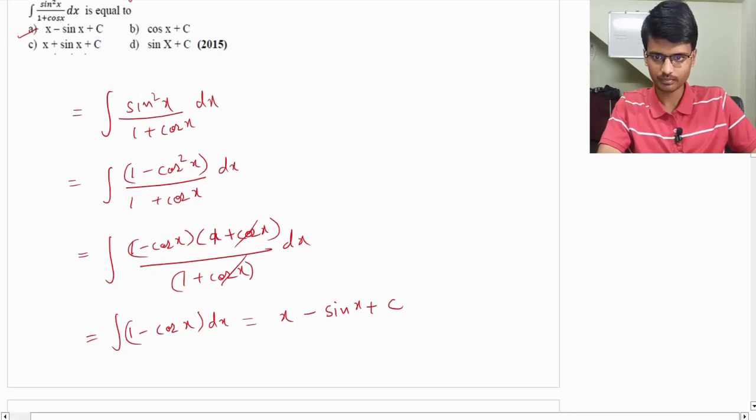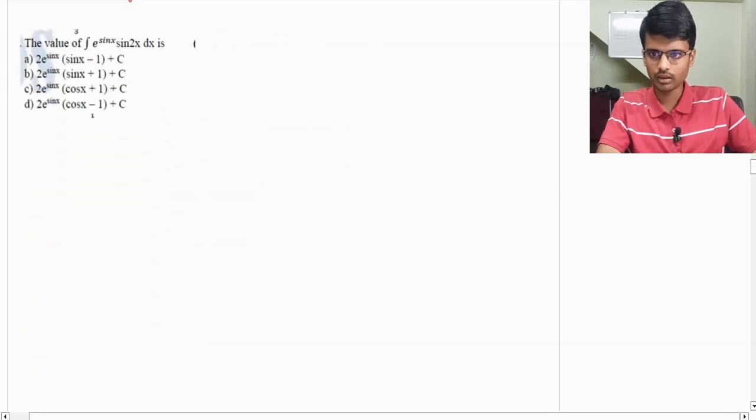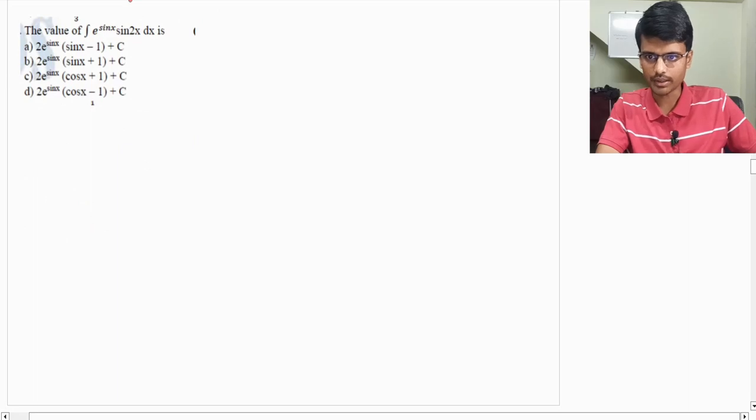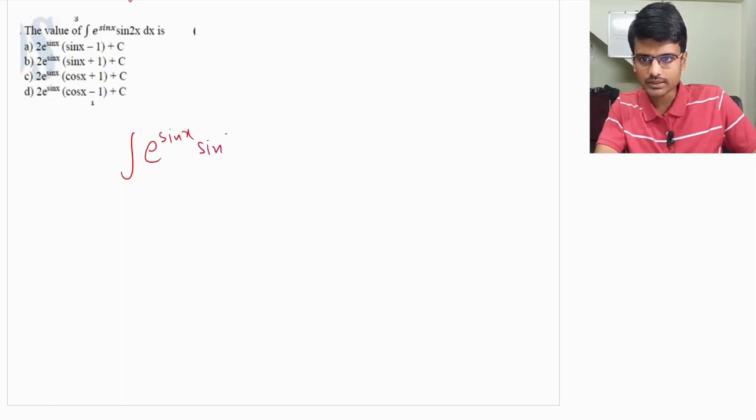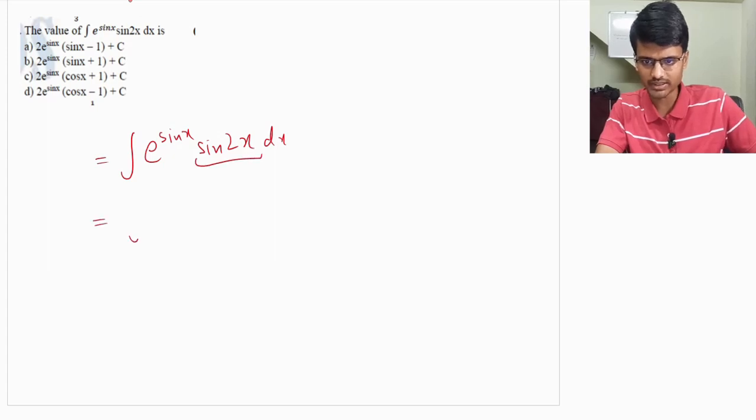Okay, moving on. Okay, what have we got? We have got e power sin x times sin 2x. The first step I can do is break this down. I can break down sin 2x as 2 sin x cos x. Okay, simple trigonometry.